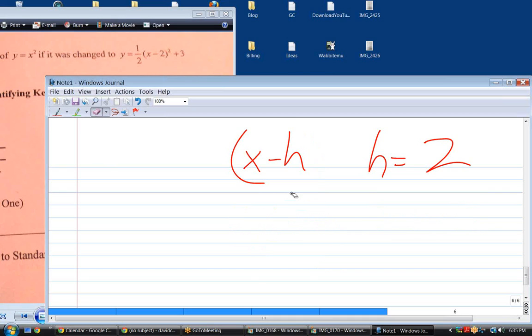Okay? So I've got a horizontal shift, not a stretch, a shift. Neither this plus 3 changes the shape of the curve, nor this minus 2 changes the shape of the curve. Just moves everything 2 units to the right. The third and final thing, what's the consequences of that 1/2? Is that a vertical stretch?